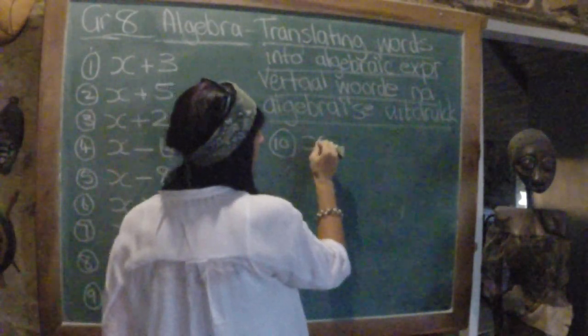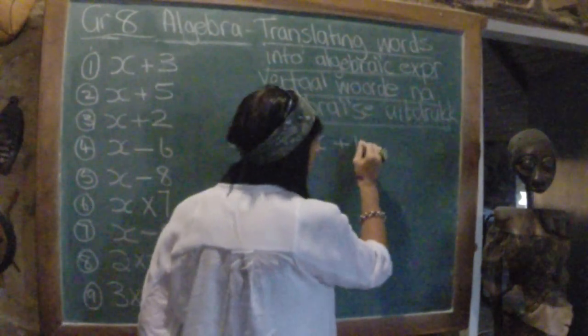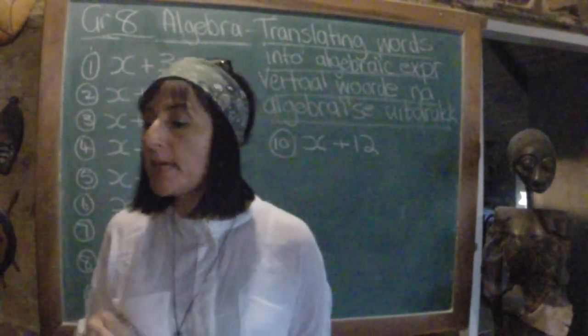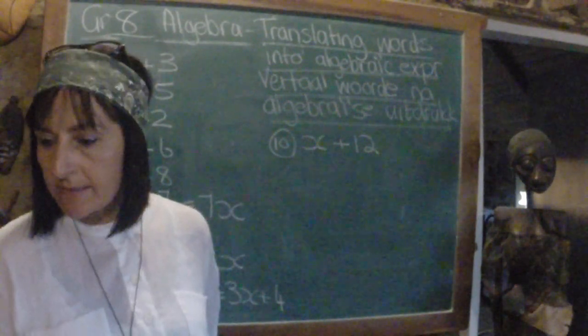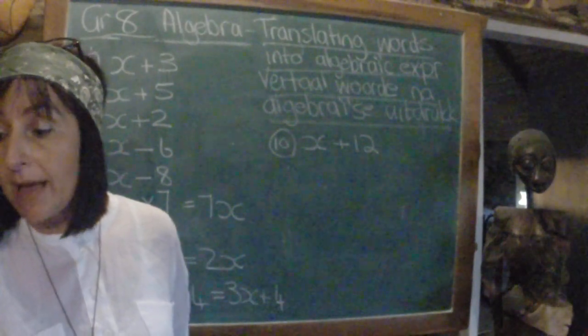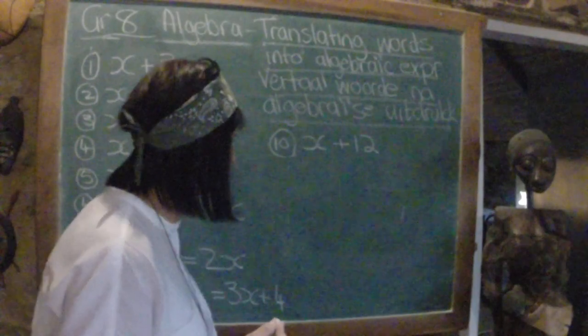Don't know what the number is, but it exceeds that number by 12. Exceeds is addition. Meer as is plus. The result if the sum of a certain number and 5 is multiplied by 6.